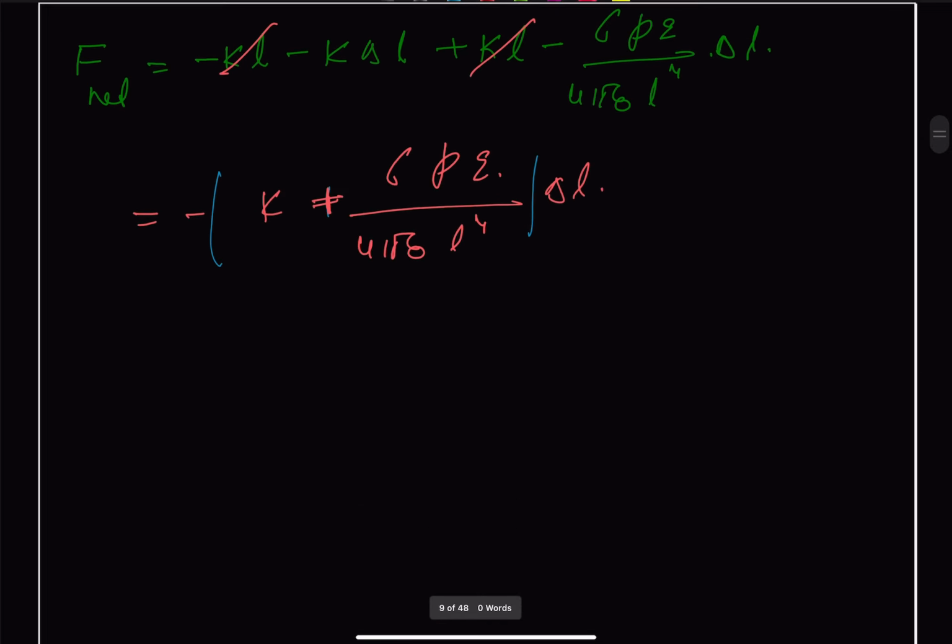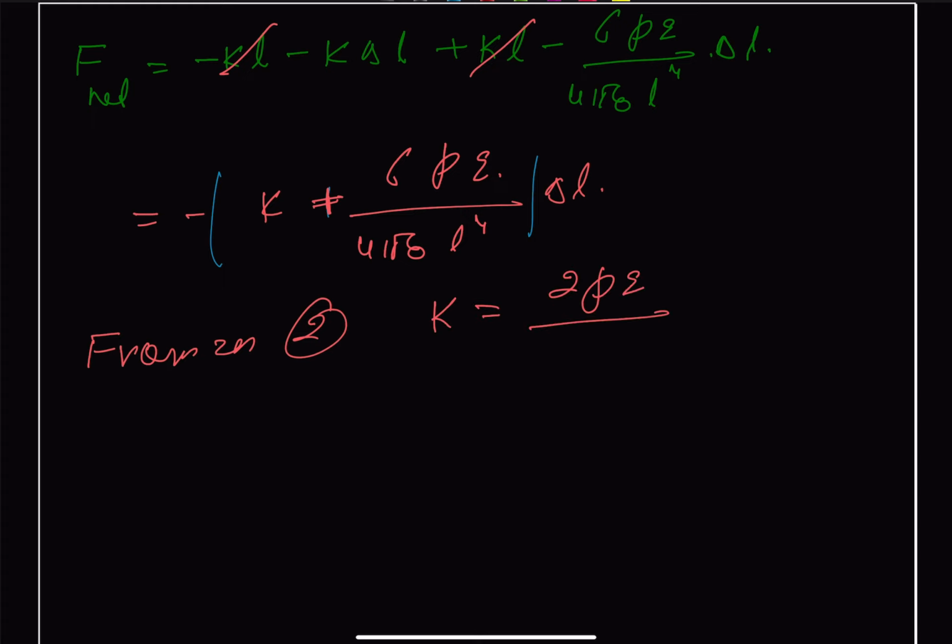So from equation 2, we know that the value of K is equal to 2pq upon 4 pi epsilon naught L raised to power 4.